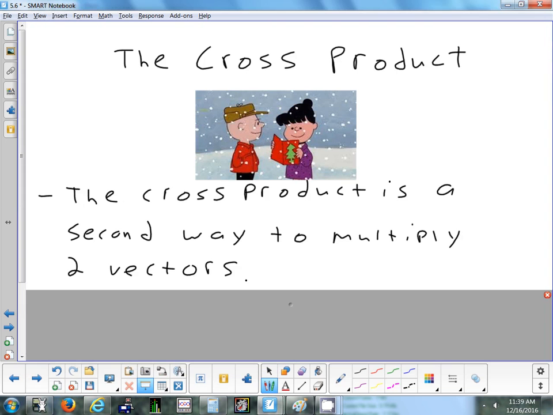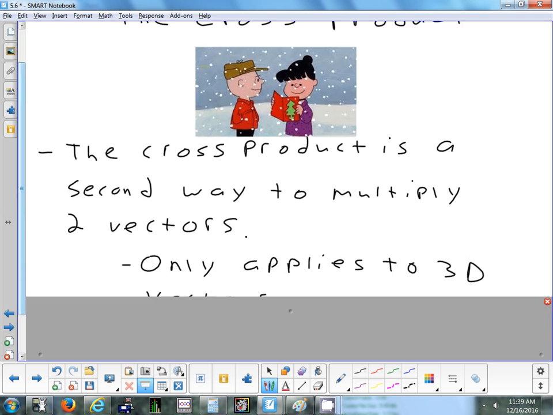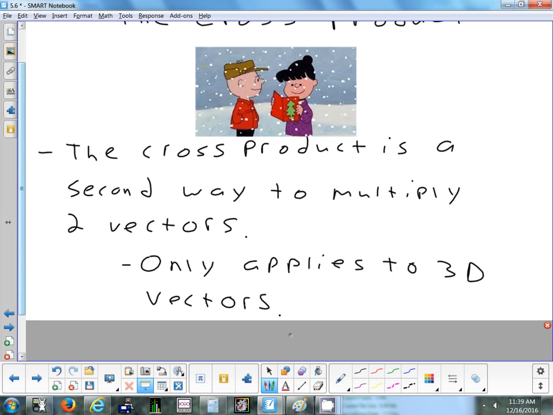Like that star-crossed lovers cross product. Anyone catch that? Okay. So the cross product is a second way to multiply two vectors. It only applies in 3D. You can't do it in 2D. It doesn't exist.